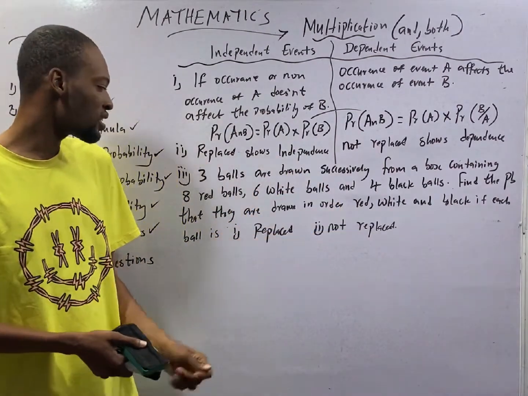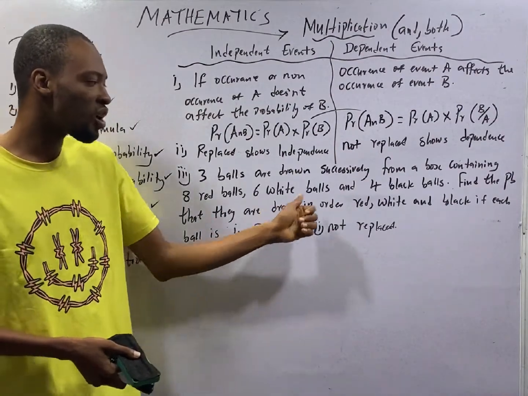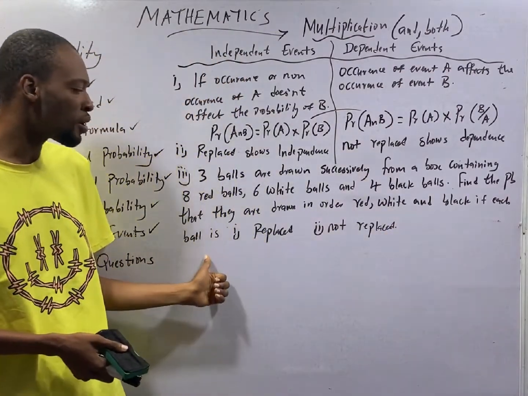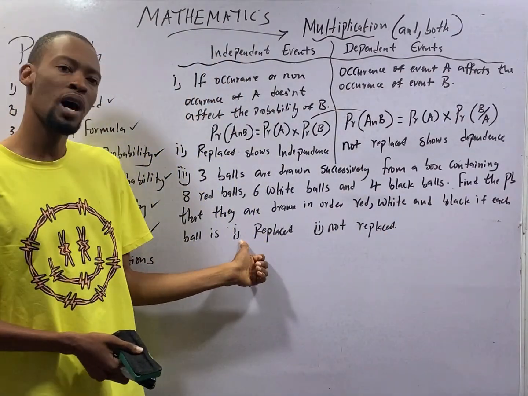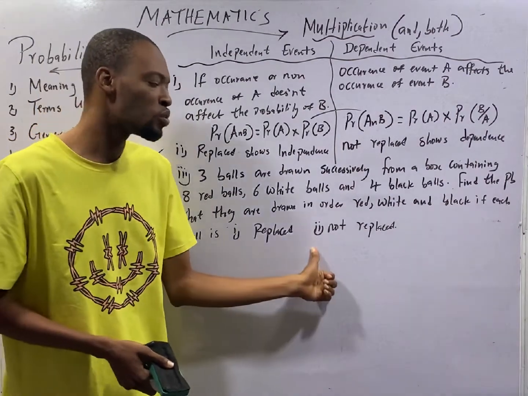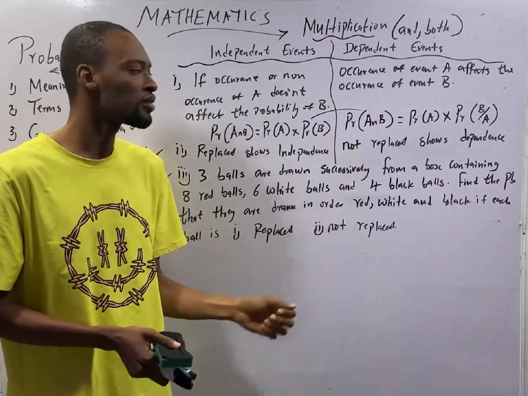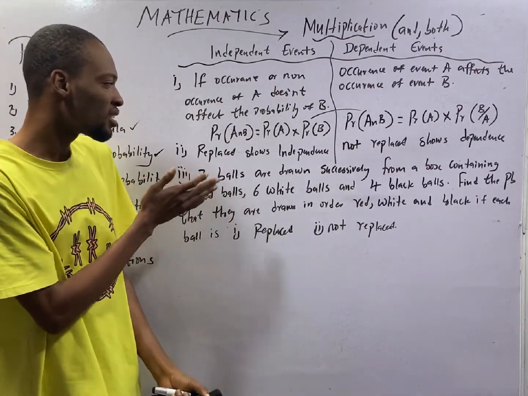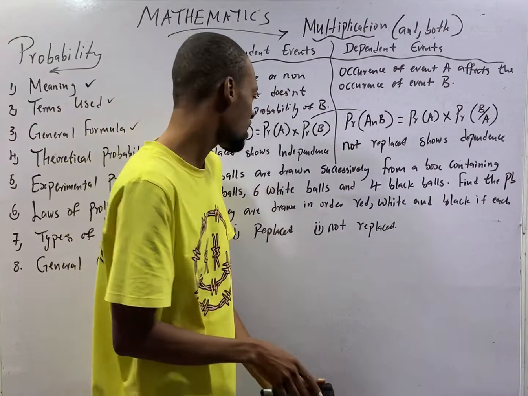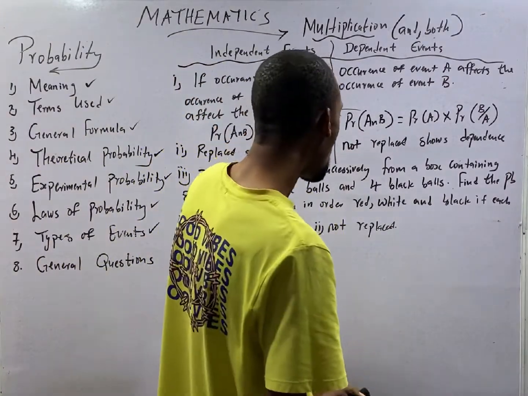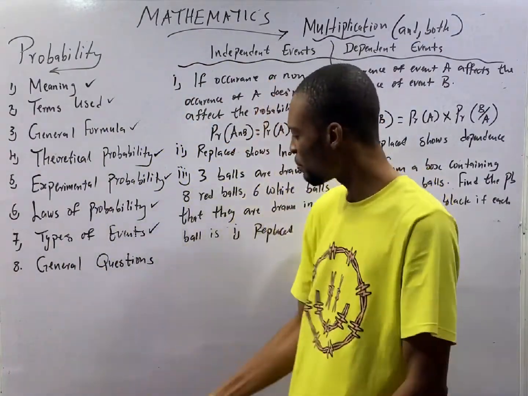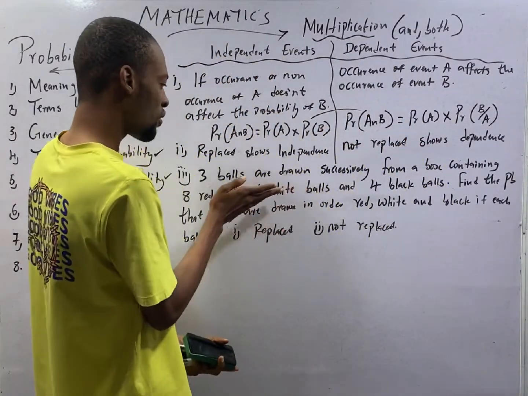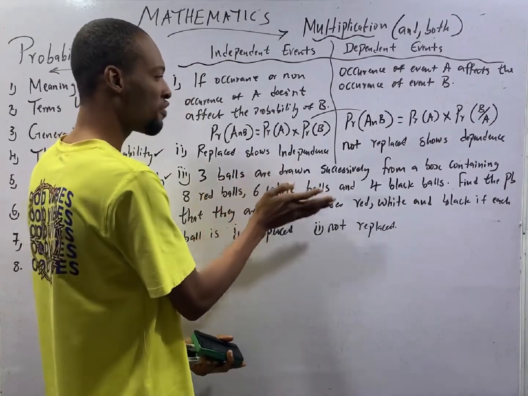Find the probability that they are drawn in order red, white, and black if each ball is 1, replaced, 2, not replaced. We are taking the ball successively. Now, it says that we have 8, 6, and 4 balls.